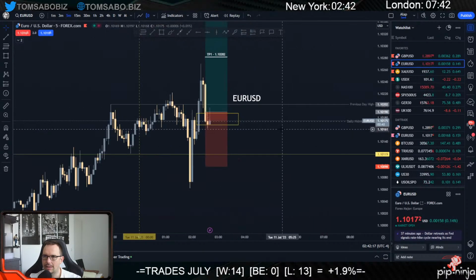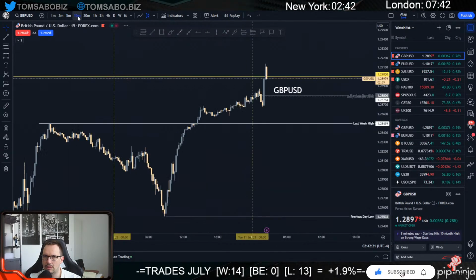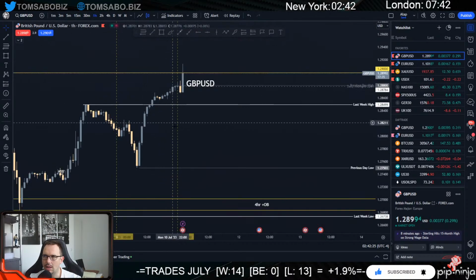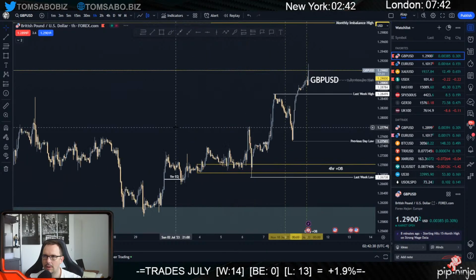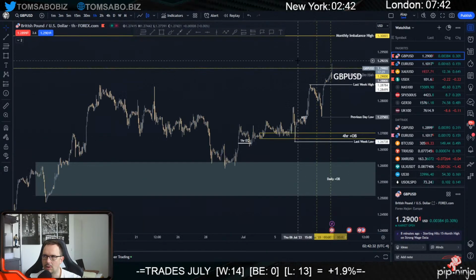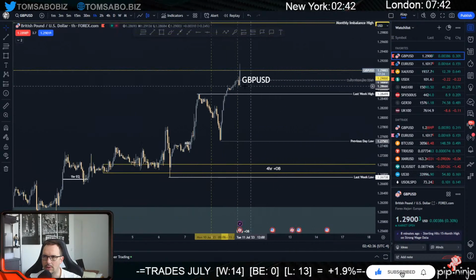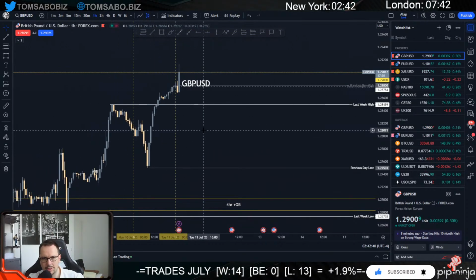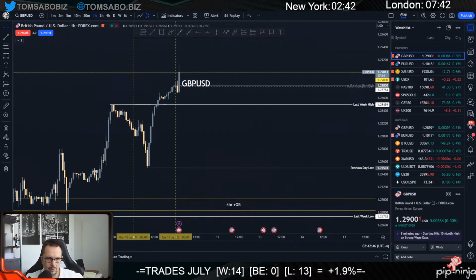I feel like it's not going to be enough for euro and pound as well. We'll see. If we want to continue to go higher with pound and aim to close down the monthly imbalance, which is the 130 level, interesting that the close price is exactly 130, then that would be interesting.